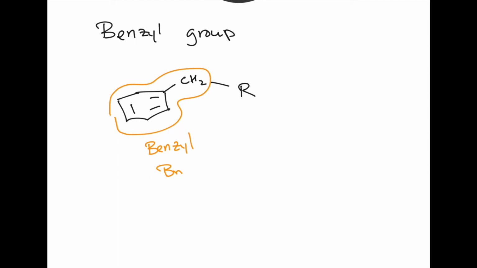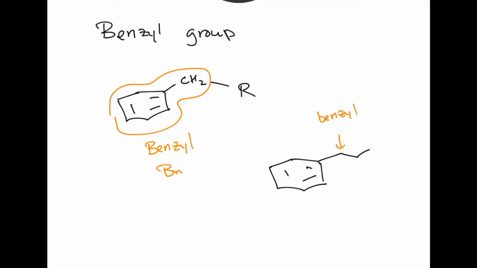So the reason that it's called a benzyl group is, do you remember on double bonds we had the vinyl carbon and then the allylic carbon, the carbon beside the double bond? On an aromatic ring, the carbon bonded to the aromatic ring is the benzyl carbon, is benzylic.